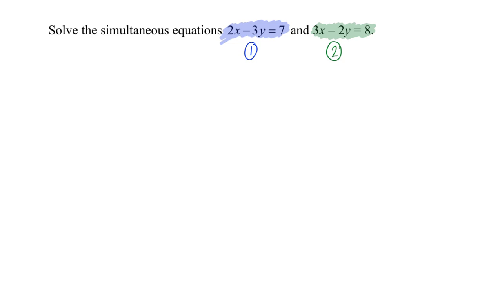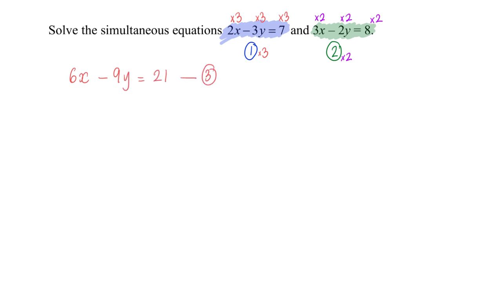I'm going to make my variable x, the coefficient, the same. So then you will see Mr. Tan multiplying throughout equation 1 by 3 and multiplying throughout all the terms in equation 2 by 2, so that you can see that 3 times 2, the following equation: 6x minus 9y equals to 21.